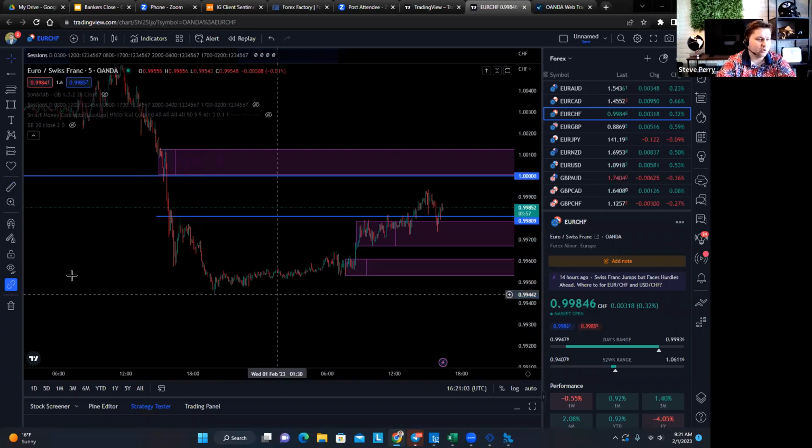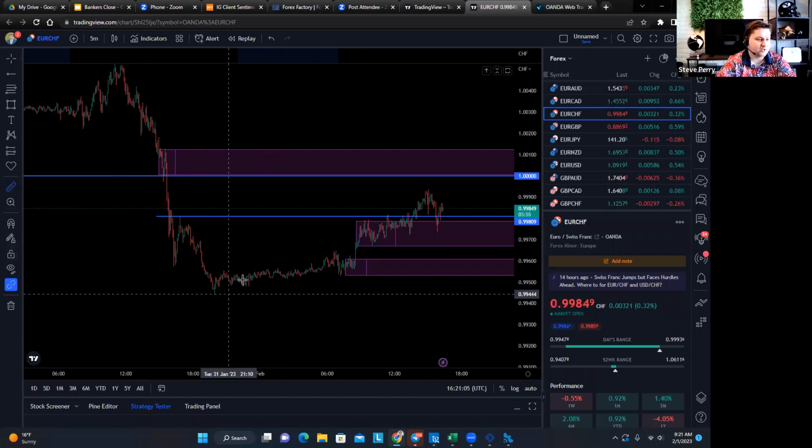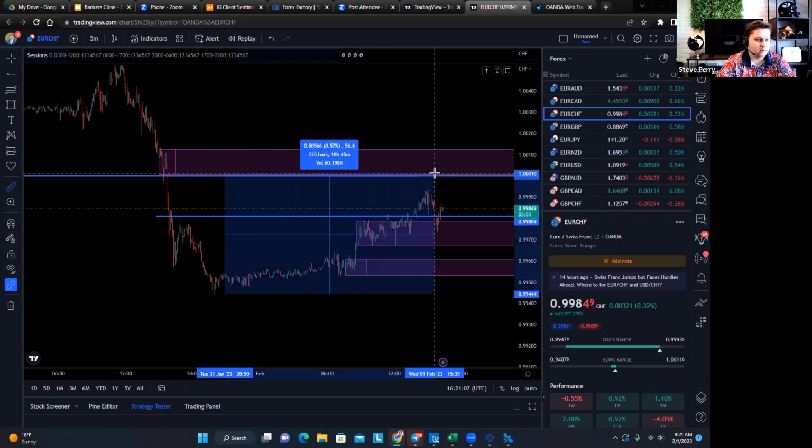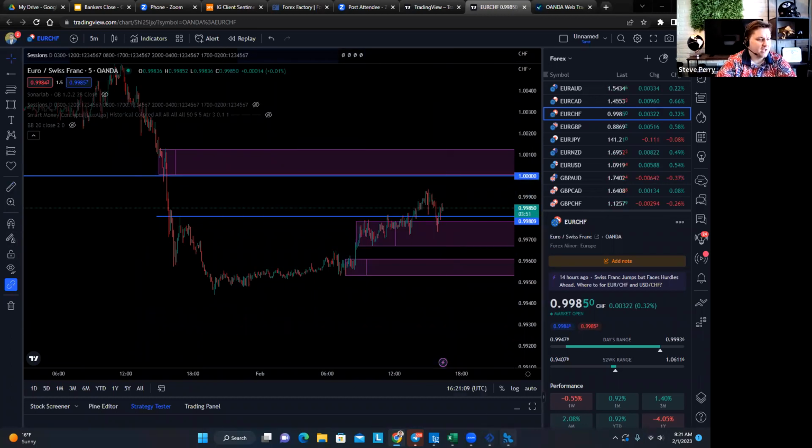It didn't like going below $1, and so now it wants to retest $1 right here. So I didn't really notice that. It's just kind of interesting that the supply slash demand up here was based around this figure level. I didn't really notice that until now.